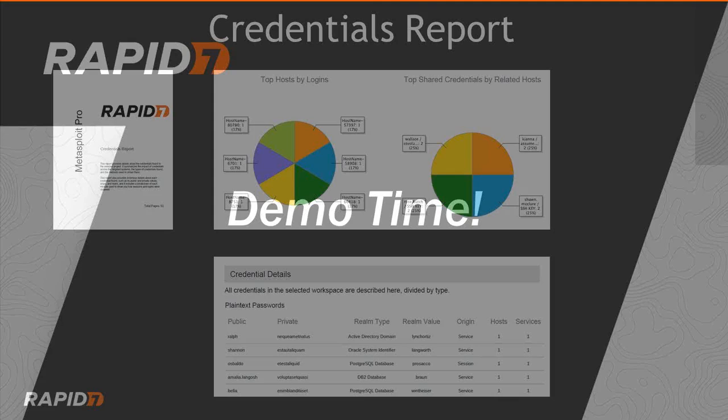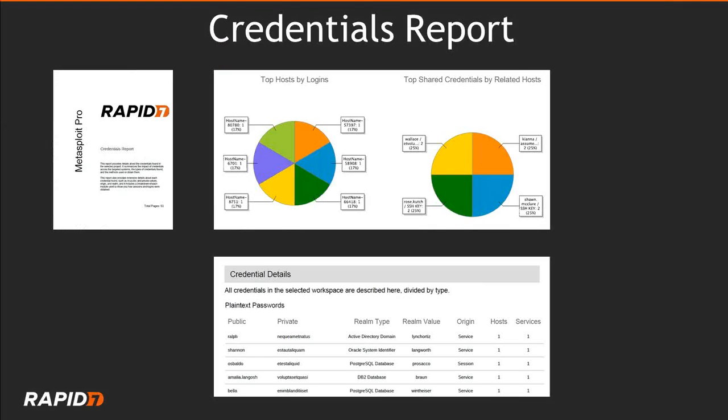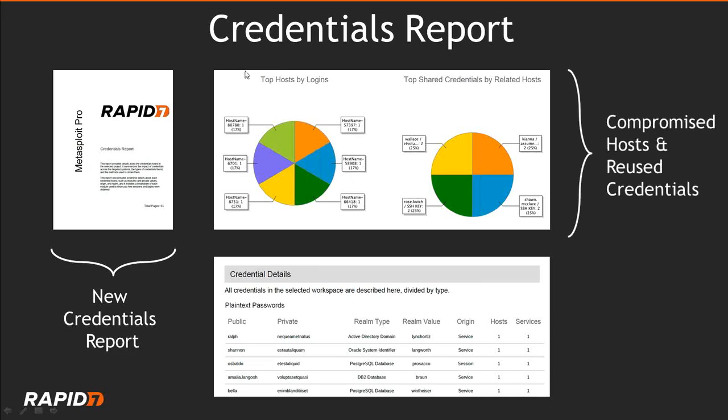All right, so I also said that you can report on credentials at the end. Quick one-button thing. So we have a new credentials report in Metasploit Pro 4.10, and one thing that I like here is these two graphics. Top hosts by logins shows you which machines were actually the most vulnerable to credential-based attacks.